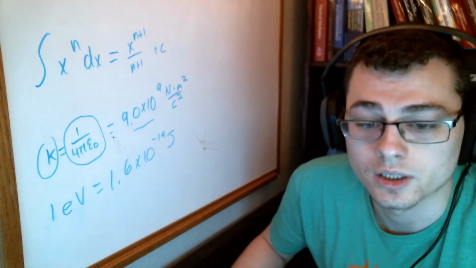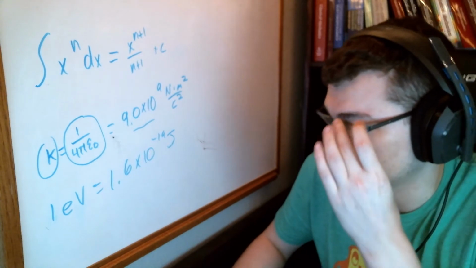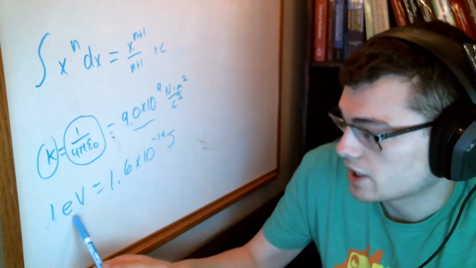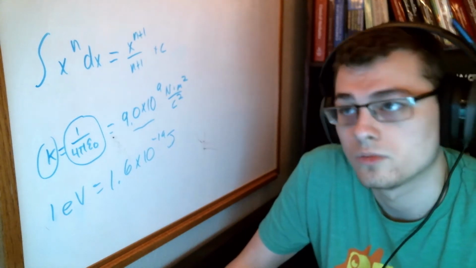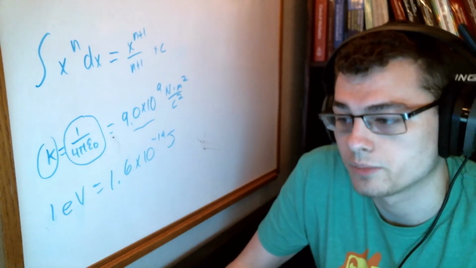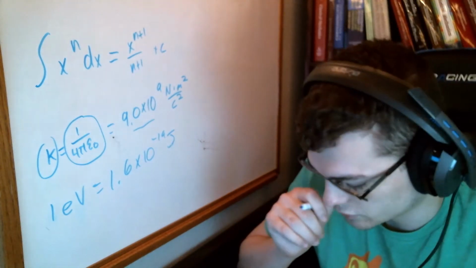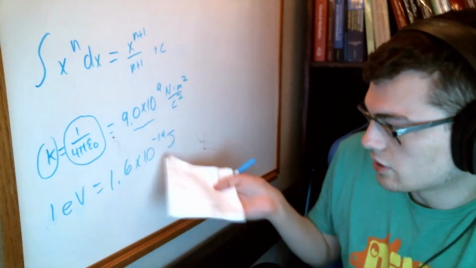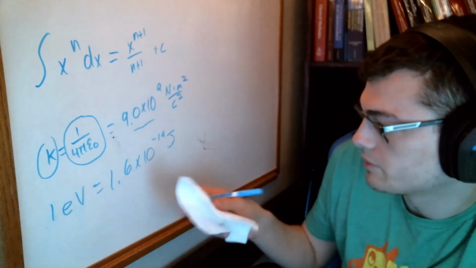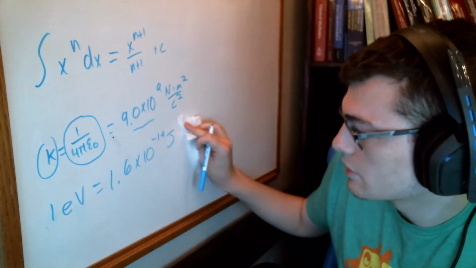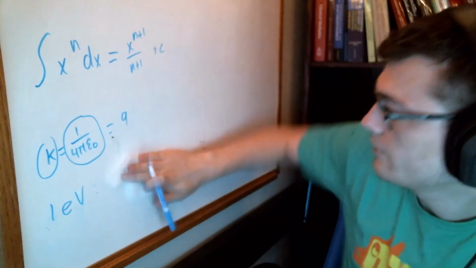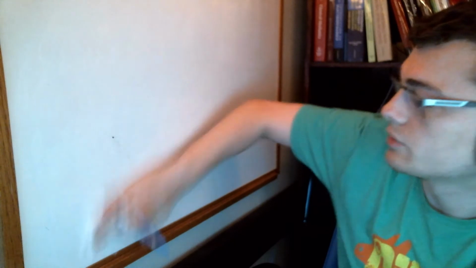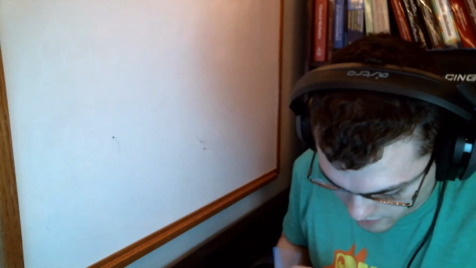Commonly in electronics and electrostatics, we will handle things in electron volts because it's a more pertinent unit for this instead of joules. You can also create a conversion factor between these two to get the right units that you want.